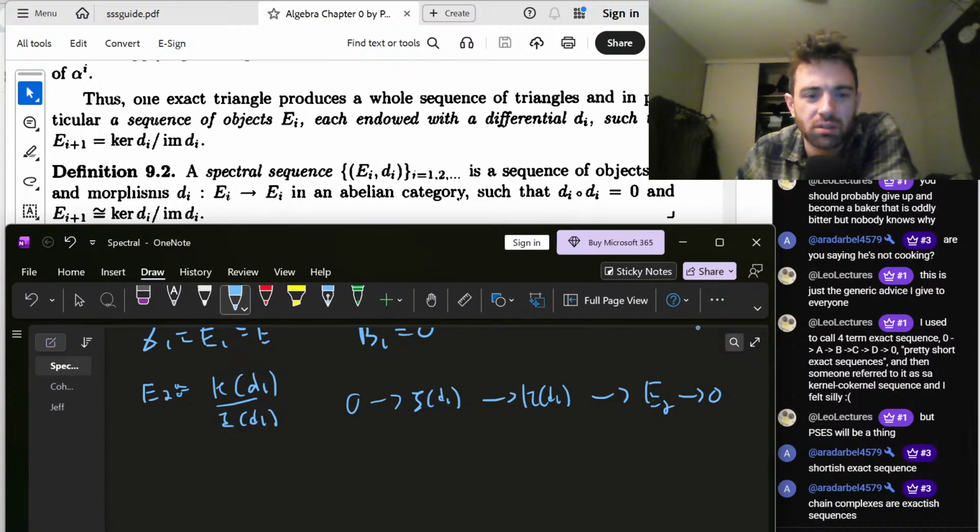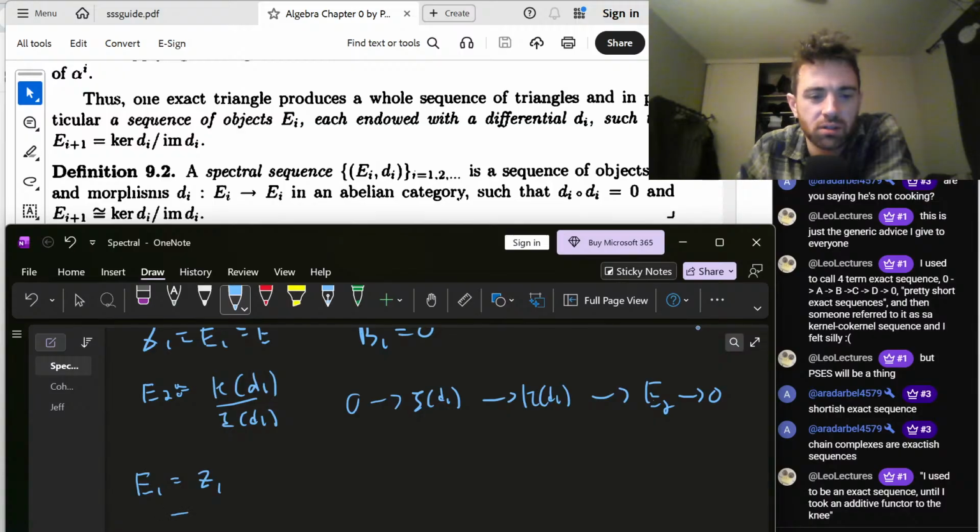Z1 in this case is just E1, and this already is a subobject of E1.